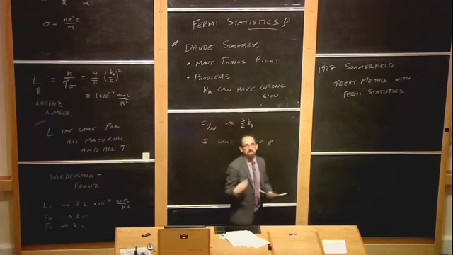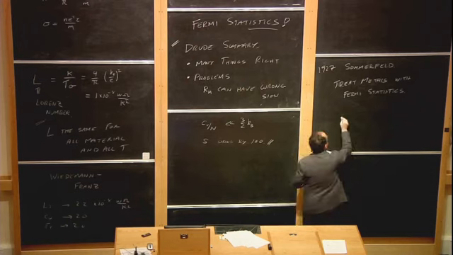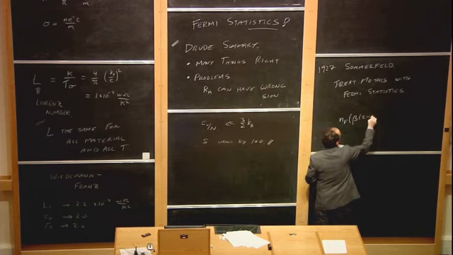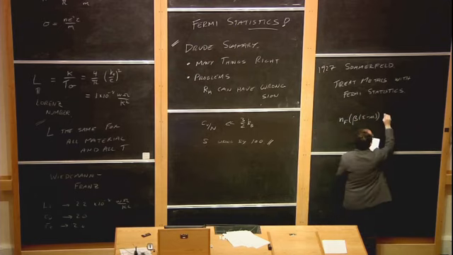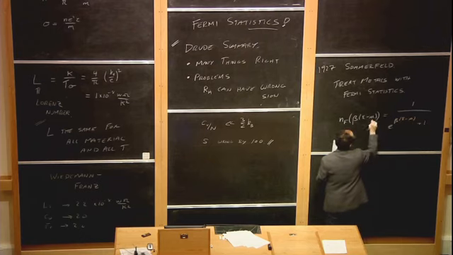And so now we have to do a little bit of a review of what we know about Fermi statistics. And the most important thing we have to remember is the Fermi occupation function. n_F of beta (epsilon minus mu) is 1 over e to the beta (epsilon minus mu) plus 1. Mu here is the chemical potential.